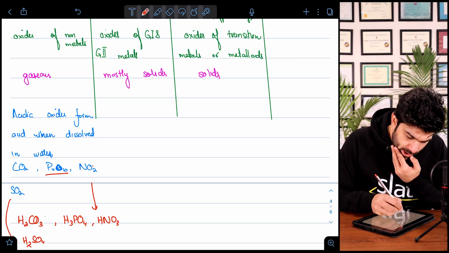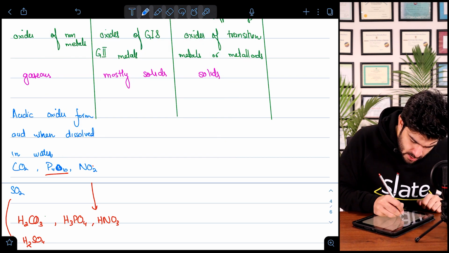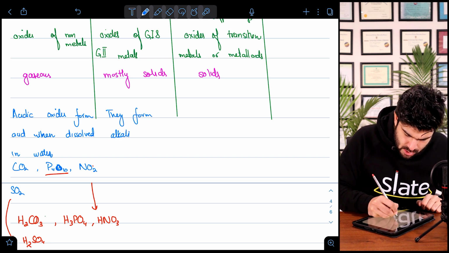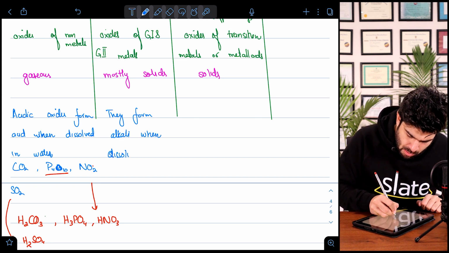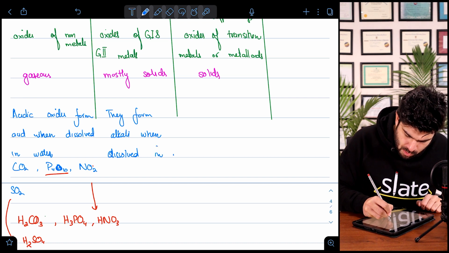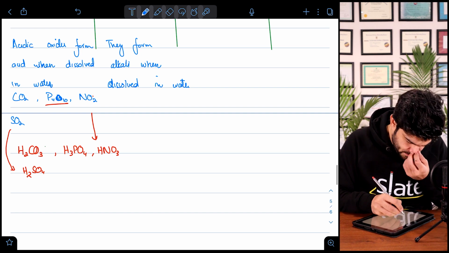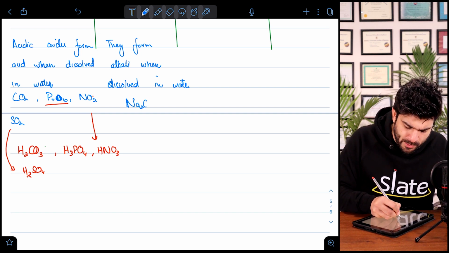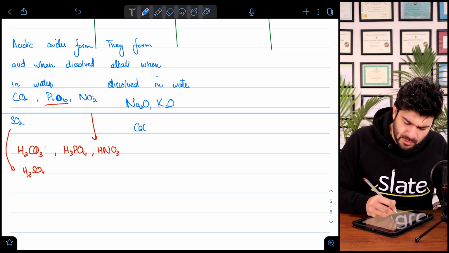Now, what about basic oxides? They form alkali when dissolved in water. So let's talk about the examples of basic oxides: Na2O, sodium oxide, potassium oxide, calcium oxide.